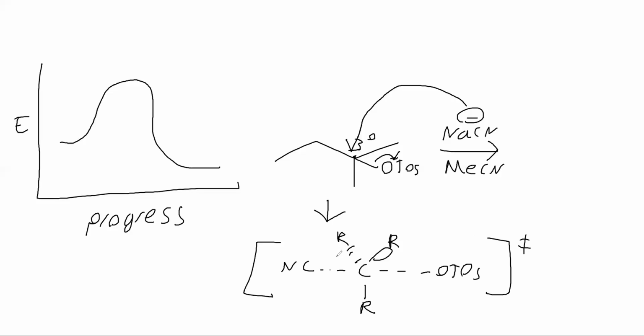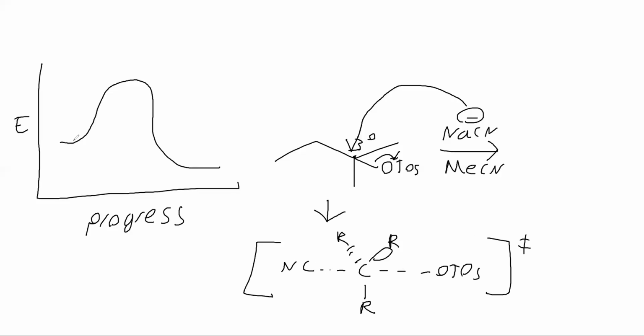But when we have so many different things attached, like at a tertiary position, that makes it pretty unstable because there's a lot of stuff surrounding this carbon. It's all getting close together. There's a lot of steric strain. So the steric strain will increase the energy of this transition state.